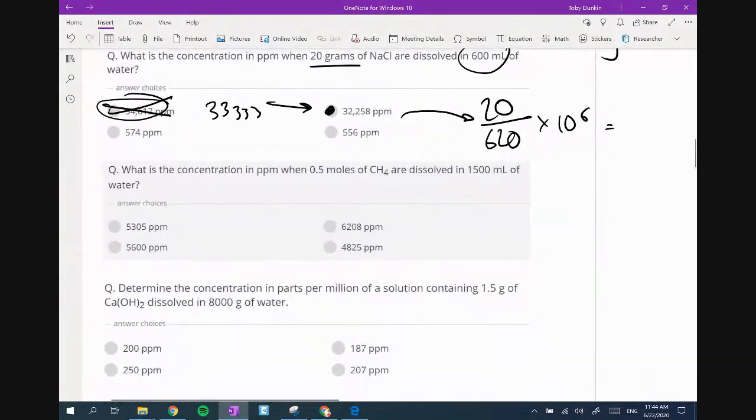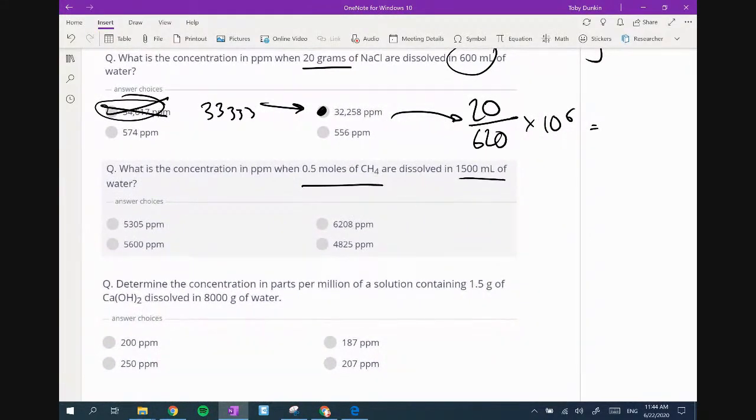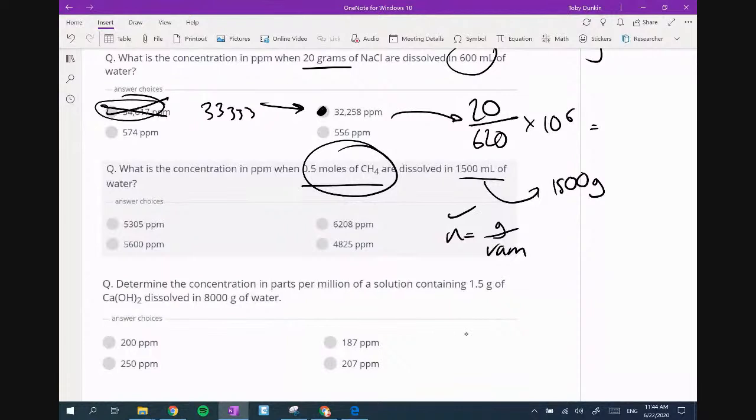What is the concentration in parts per million of moles of methane dissolved in water? So we know that we've got 1,500 grams. We need to get grams. The number of moles is grams over Mr. I've got moles and I've got Mr for methane. Therefore, moles times Mr gives me grams.